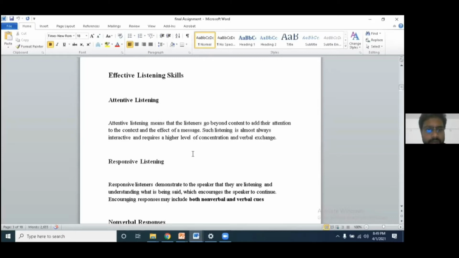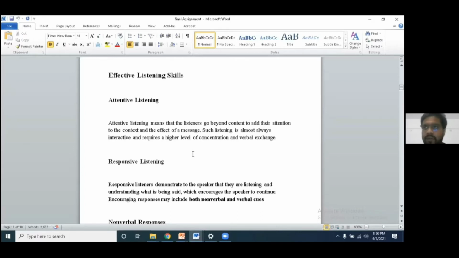And responsive listening is when responsive listeners demonstrate to the speakers that they are listening and understand what is being said, which encourages the speaker to continue. Encouraging responses may include both nonverbal and verbal cues. Sometimes teachers or trainers say, do you understand my words?